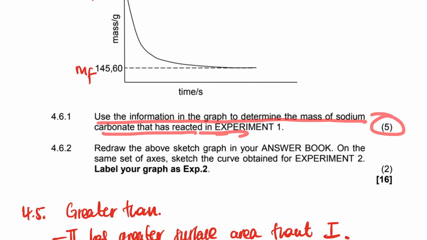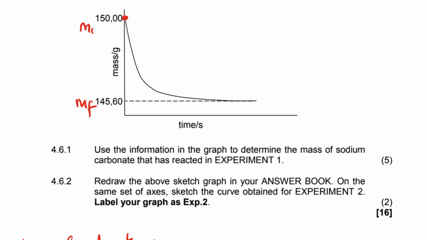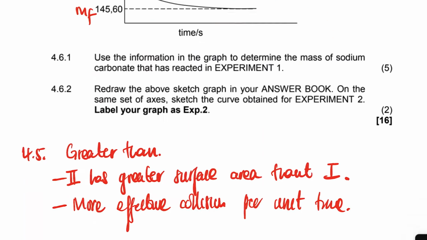So it's 5 marks. This difference here, from the initial minus what is left, can give us the amount of carbon dioxide produced.